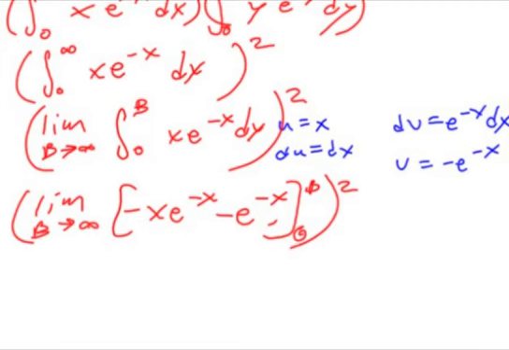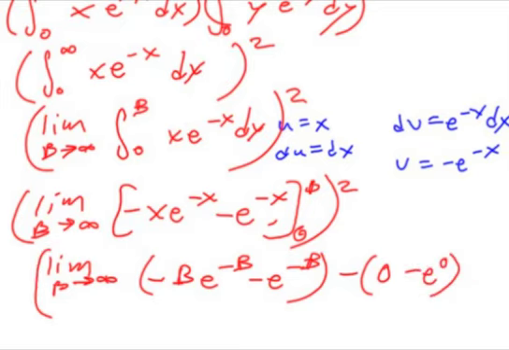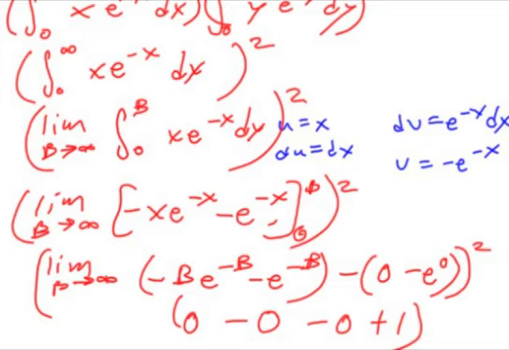When we stick stuff in here, we get the limit as b goes to infinity of negative b e to the negative b minus e to the negative b, minus plug in 0: 0 minus e to the 0, and everything squared. When we take these limits, I'm not going to go through the details, but that ends up being 0, that's 0 minus a negative 1, and everything is squared, and that is equal to 1. So we do in fact get a PDF.